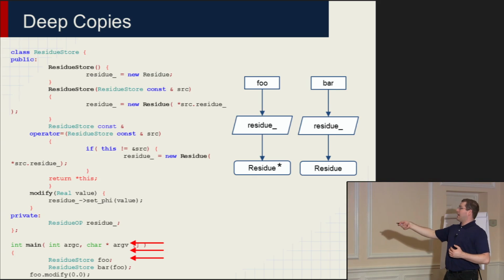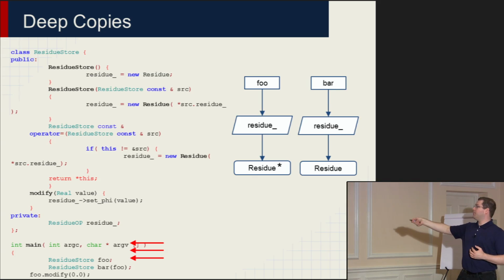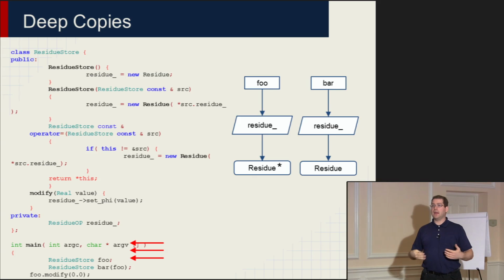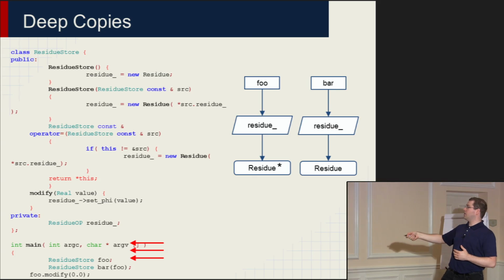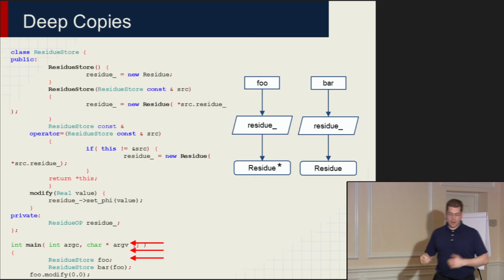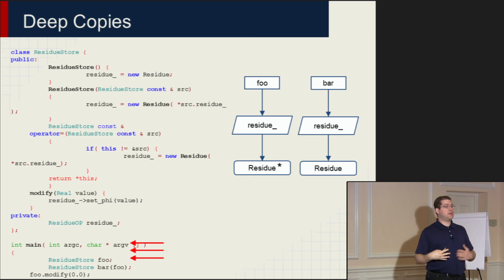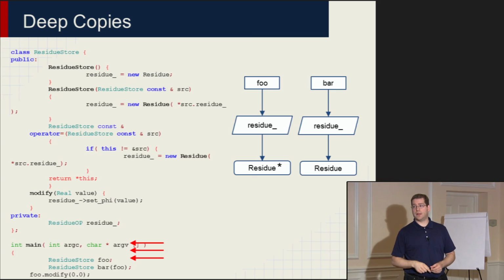And so when we modify through foo, we have the modified through foo, but bar keeps the old version of the residue. And so now we've separated out this residue object that's pointed to via foo and the one that's pointed to via bar. And depending on what we're doing, this may be more along the lines of what we want.